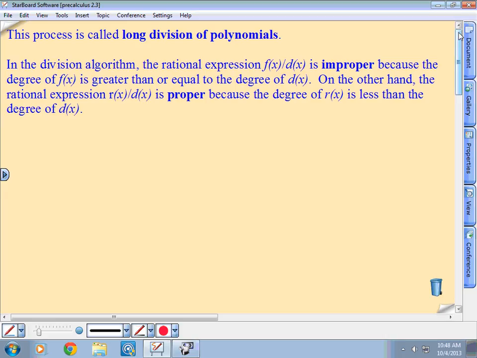This process is called long division of polynomials. That's all we did. In the division algorithm, the rational expression, f of x, our polynomial, divided by our divisor, d of x, is improper because the degree of f of x is greater than or equal to the degree of d of x. What does that mean?